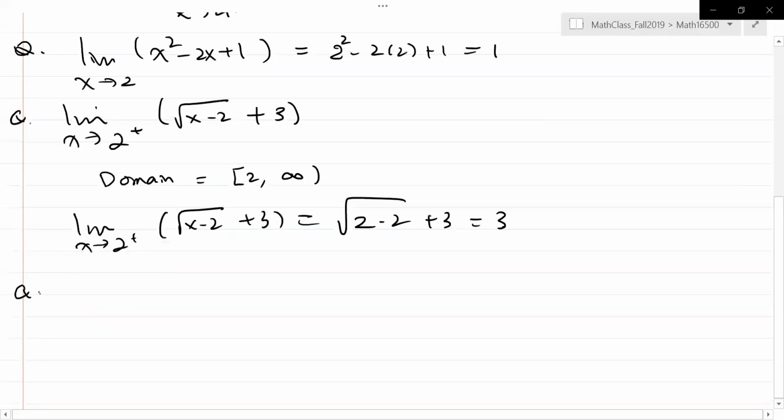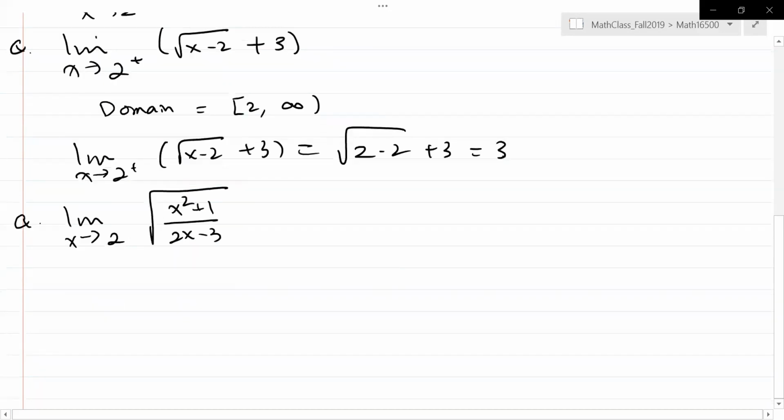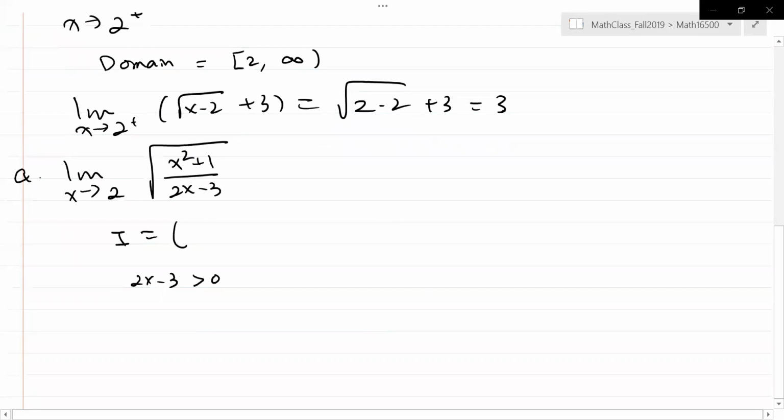Let's move on to the next problem. This is the limit of the square root of x squared plus 1, divided by 2x minus 3, as x approaches 2. First let's find the domain of this function. When is it undefined? Well, the numerator is always positive. The denominator we don't know, but we have to make sure 2x minus 3 must be positive, it cannot be 0.